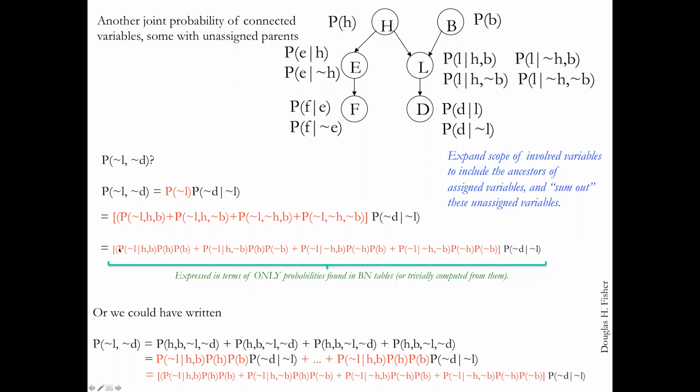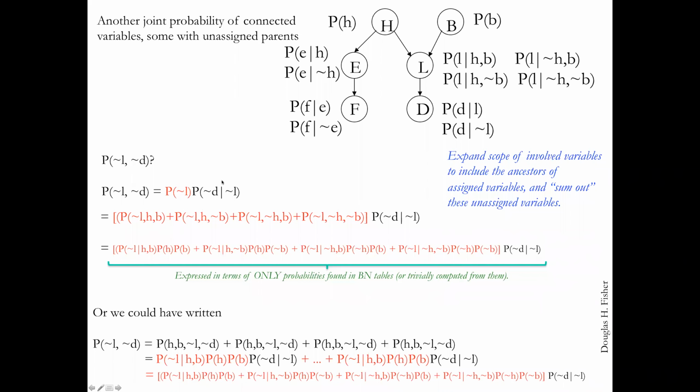I can simply rewrite each of these expressions as a product, and this is what I get. And so again, this would be the expression of this joint probability only in terms of the probability tables found in the belief network.